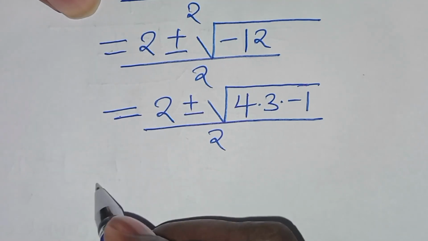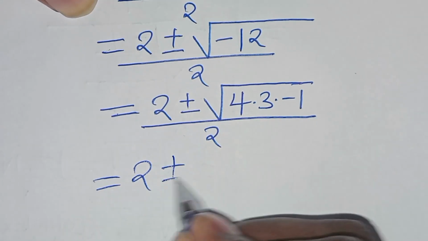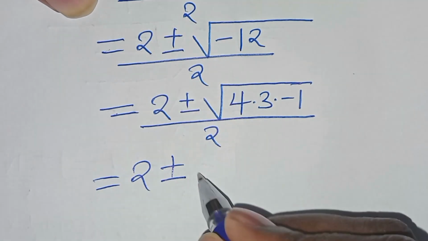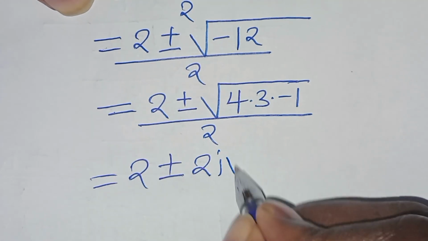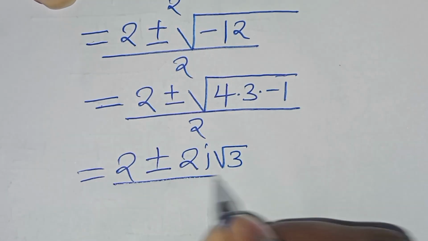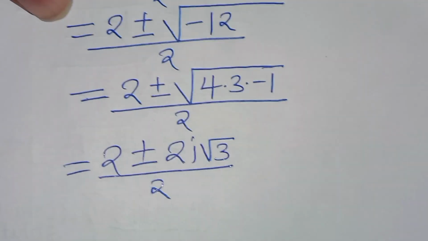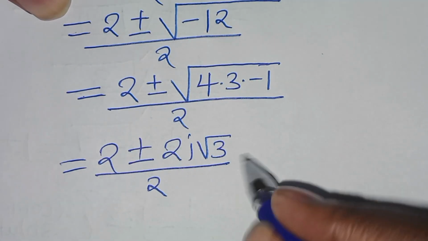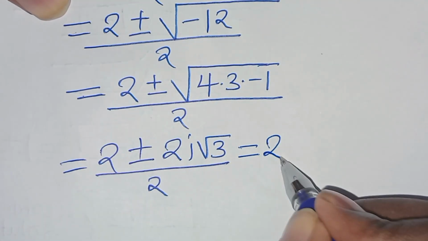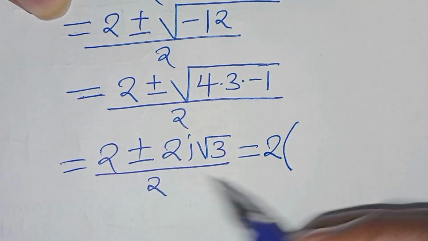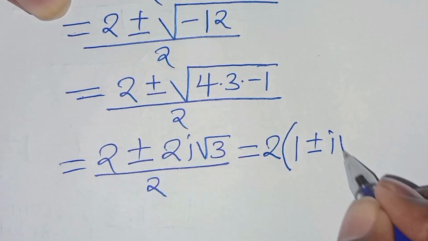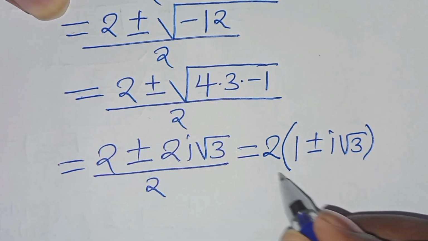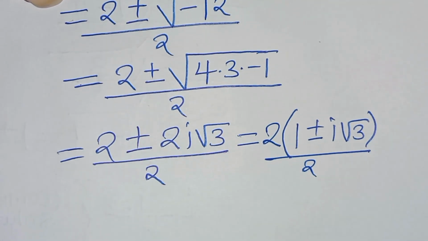So this implies that here we have 2 plus or minus the square root of 4, this is 2, square root of minus 1, this is i, then square root of 3, everything here divided by 2. So 2 is common here, we can factor out 2 so that we have 2 into the parentheses, this is 1 plus or minus i square root of 3, everything here divided by 2.